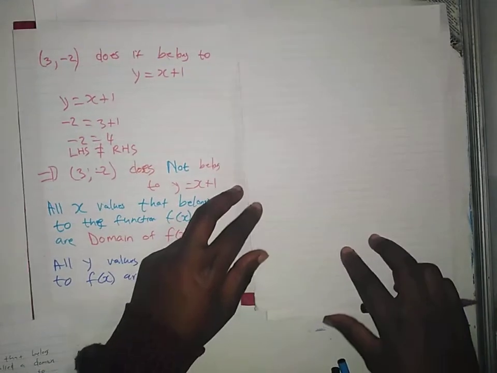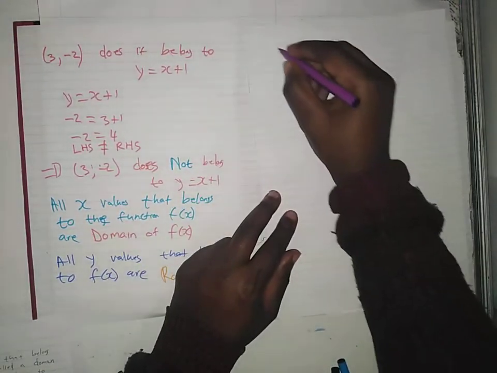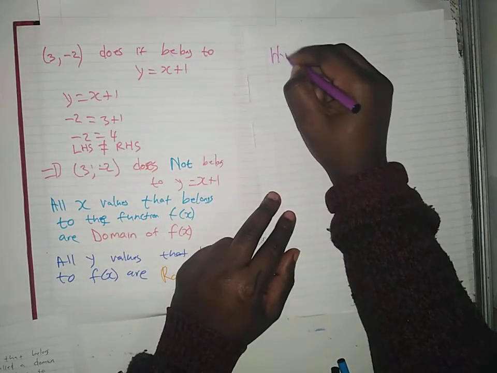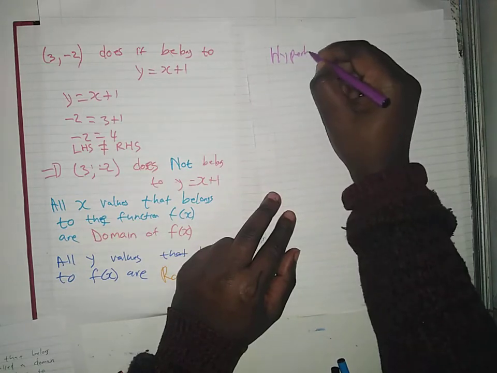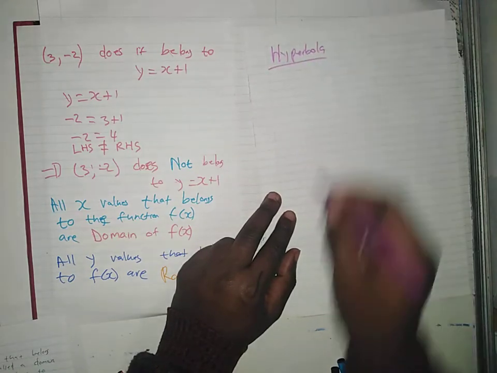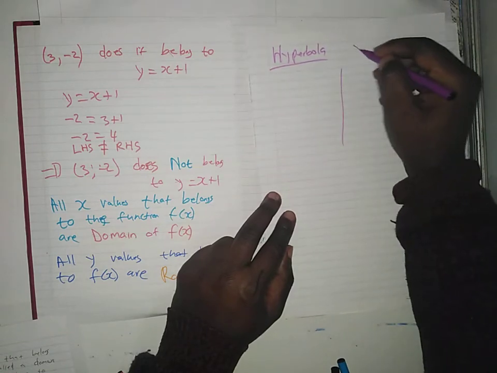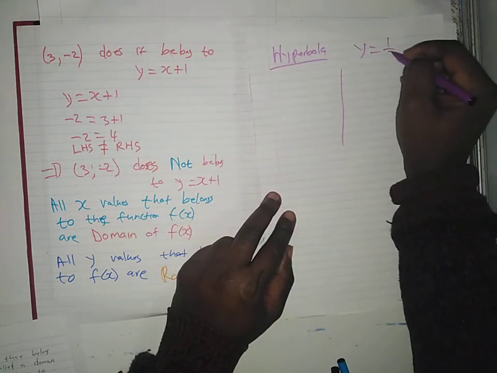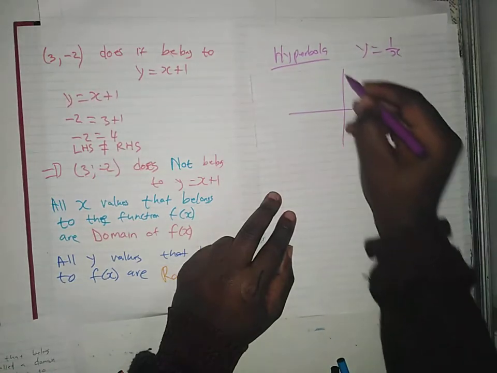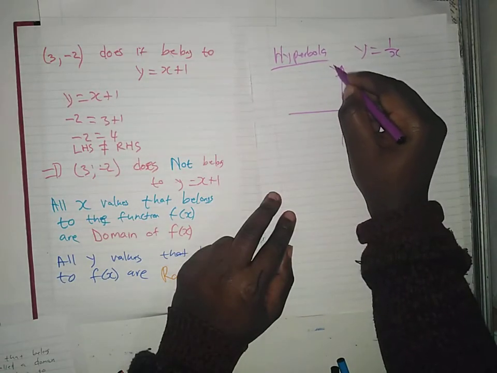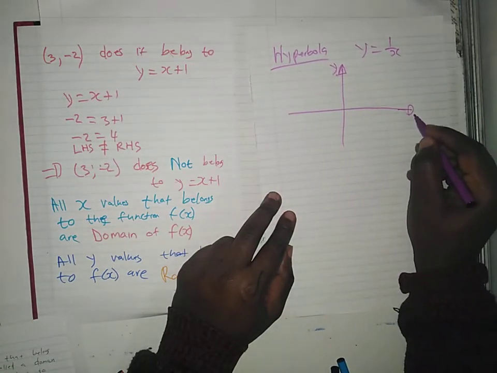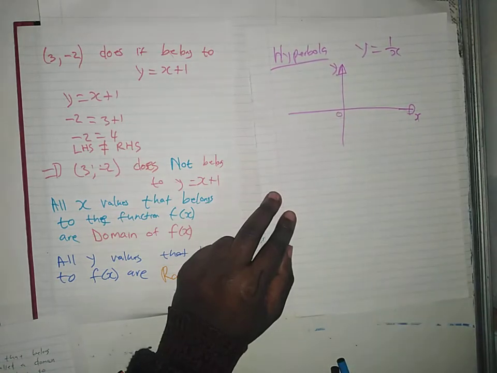Now let's say we've got a hyperbola. I'm going to take the simplest case of a hyperbola, say y is equal to 1 over x. And you guys know that this is y, this is x, and then this is 0.